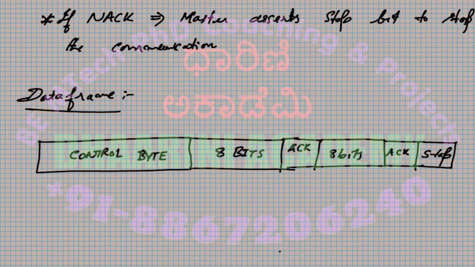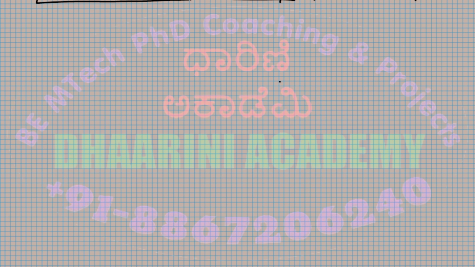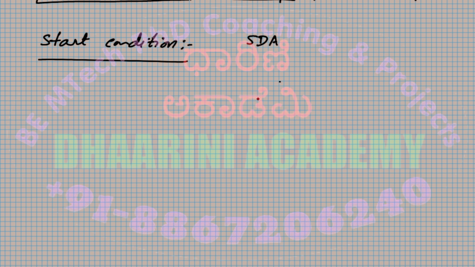Is it okay? Now, what do you mean by start? Initially we understood that there is a start and there is a stop. So two things have to be identified first. I'll write the start condition. The start condition is represented as a combination of SDA and SCL. This is the SDA and this is the SCL.